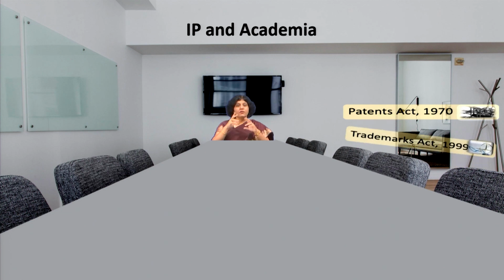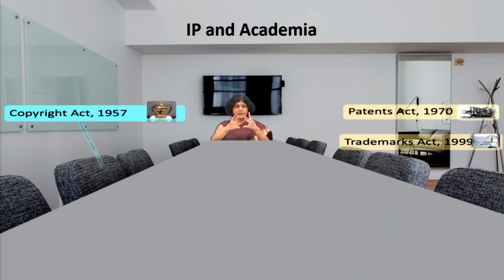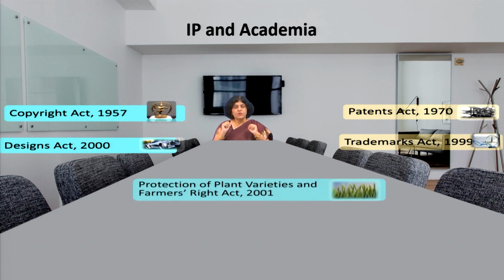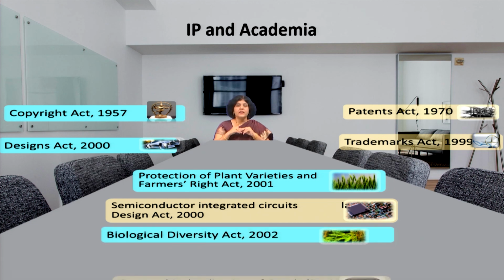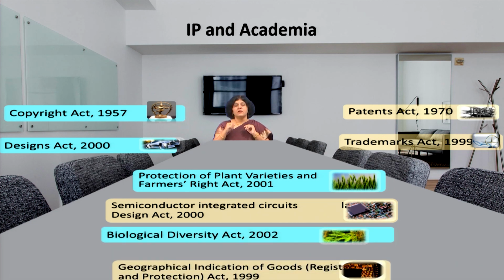Now, when we talk about intellectual property, how exactly is it classified, and what statutory provisions are there for its protection? You can see there is the Patent Act, Trademark Act, Copyright Act, Design Act, Protection of Plant Varieties and Farmers' Right Act, Semiconductor Integrated Circuits Layout Design Act, Biological Diversity Act, and the Geographical Indication of Goods Registration and Protection Act.